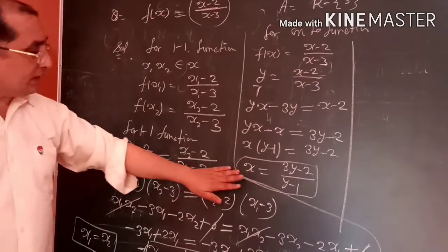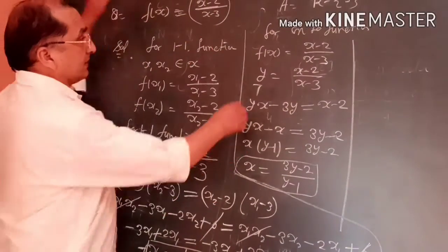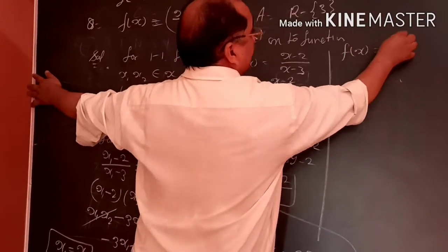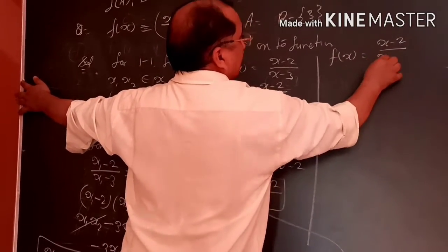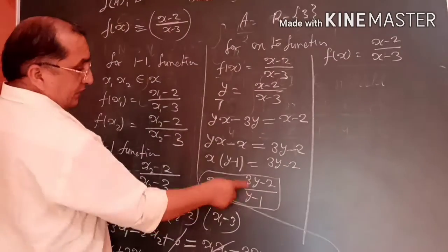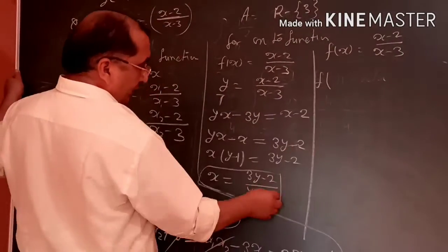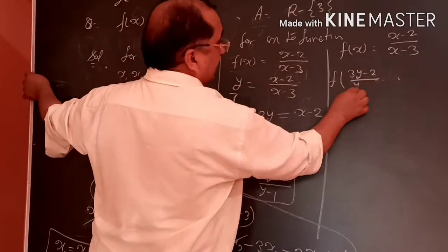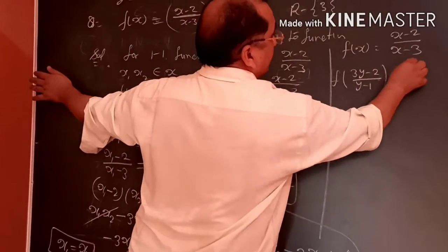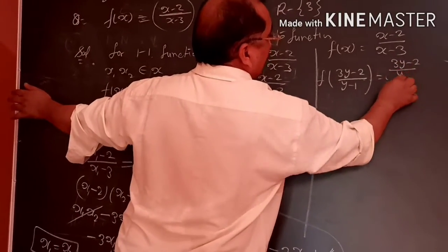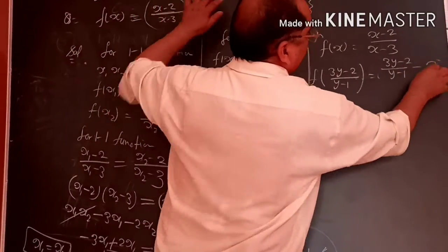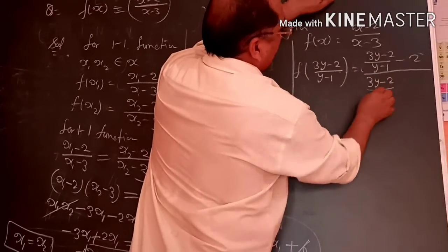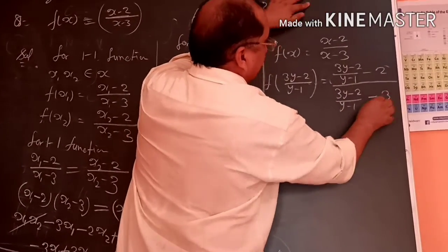For the onto function we have to put this value in the function f of x equal to x minus 2 upon x minus 3. In place of x we put the value. f of 3y minus 2 upon y minus 1 equals 3y minus 2 upon y minus 1 minus 2, divided by 3y minus 2 upon y minus 1 minus 3.